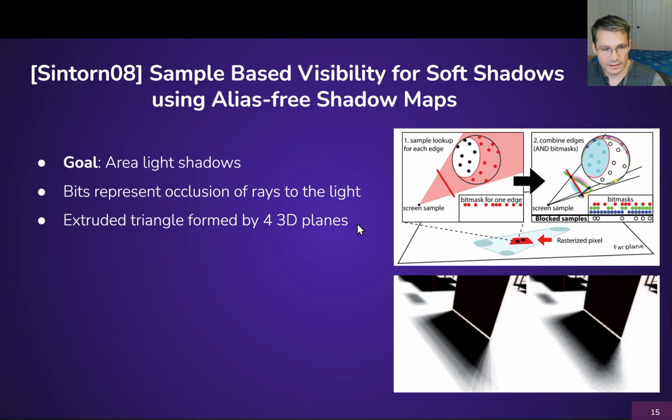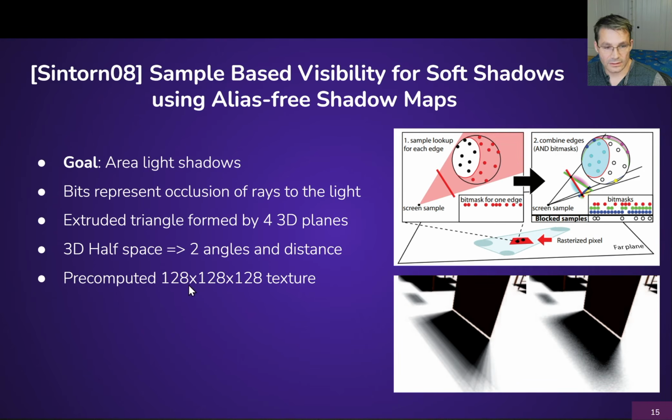And it works similar to those half spaces, but in this case, this half space is defined in 3D. So that makes it more complicated. It's not a 2D half space. You have to parameterize your table lookup now with 2 angles and a distance, and it needs to be a bit higher precision. So this is a rather large texture. It was 128 times 128 times 128, and because the area can get really large, 32-bit is not enough, so it uses 128 bits to have less noise.